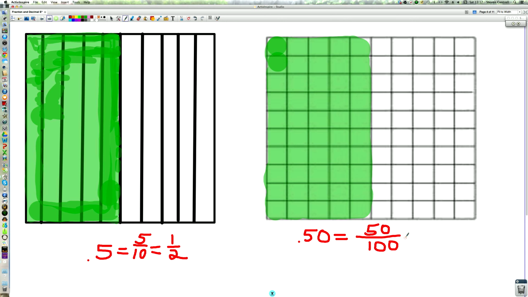And if I divide both of those by 50, I still end up with 1/2, right? 100 divided by 50 is 2. 50 divided by 50 is 1. 1/2. Same thing as over here. It's just I've made an equivalent fraction. This is 10 times bigger than this, so these answers are 10 times bigger than these. But they're the same amount. They both come out to half of the whole. All right?